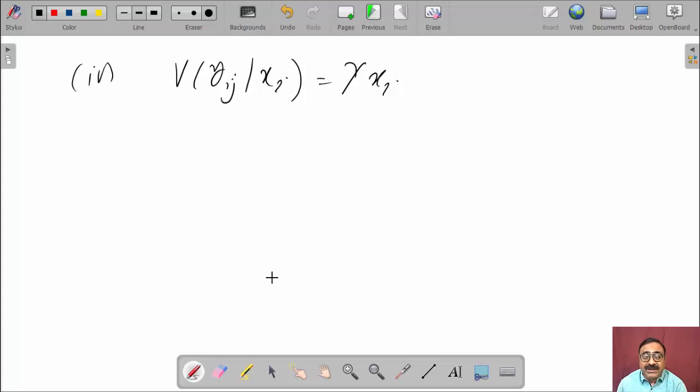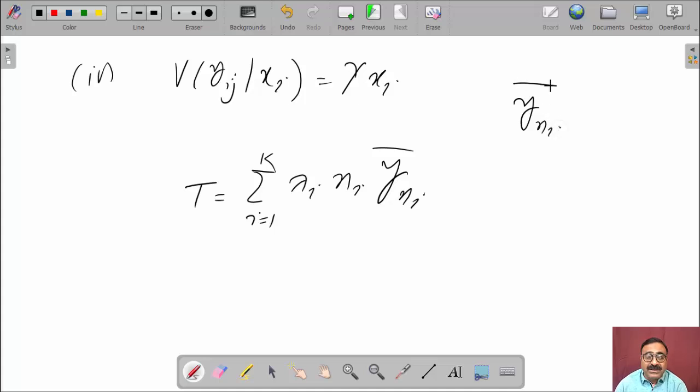Now consider the subclass of linear estimators of the type t equal to summation i equal to 1 to k lambda i ni y ni bar, where y ni bar is the estimate of y bar from the ith class, based upon ni number of units, and all observations in the ith class are assumed to have the same weight lambda i, which may depend upon the value of xi but not on the study variable y.